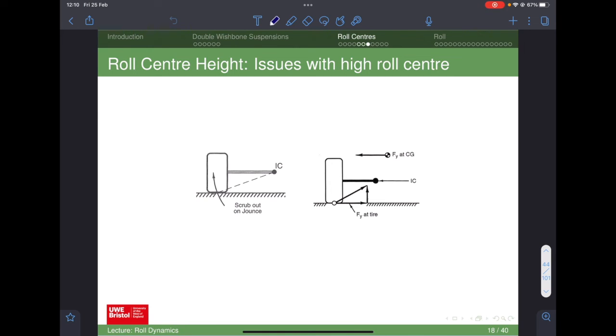But this force goes through the instant centre. Now if the instant centre is high, you end up with a large vertical component to that force.